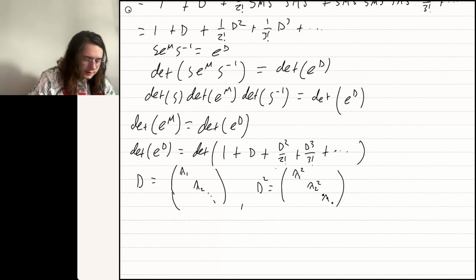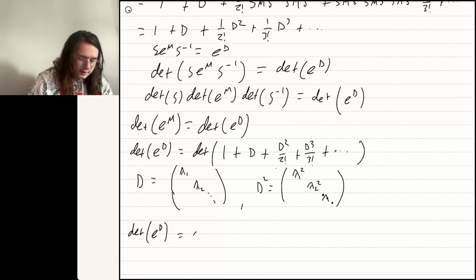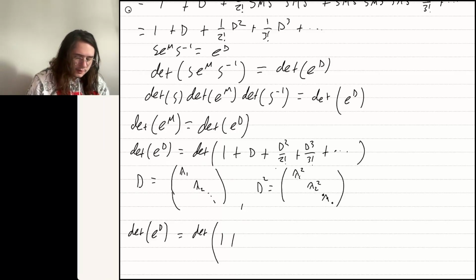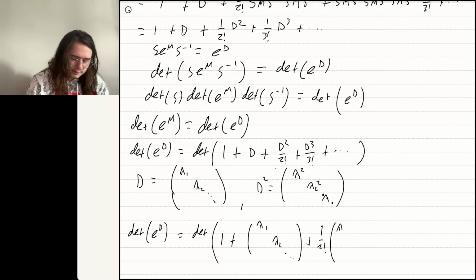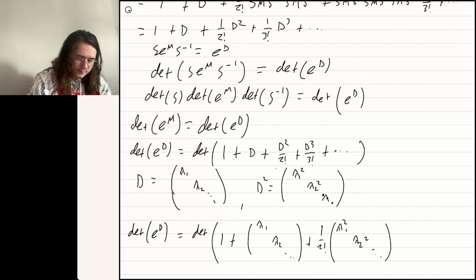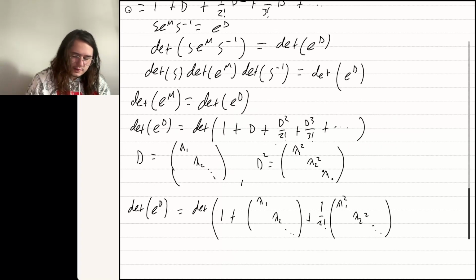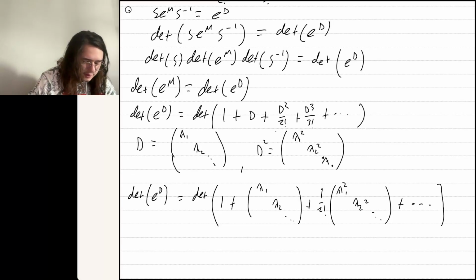So the determinant of e to the D is the determinant of 1 plus, in parentheses, lambda 1, lambda 2, dot dot dot, plus 1 over 2 factorial, lambda 1 squared, lambda 2 squared, dot dot dot, and then let's just say on into infinity because I'm running out of space on this line.